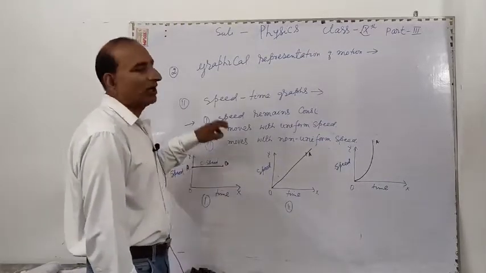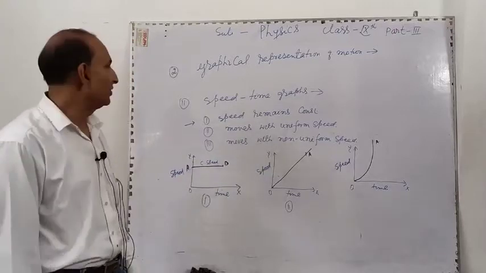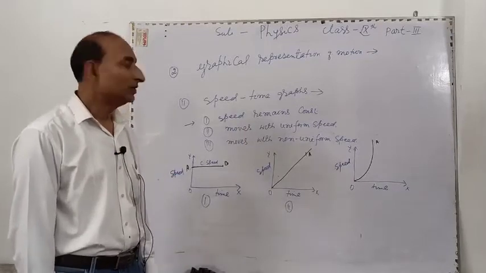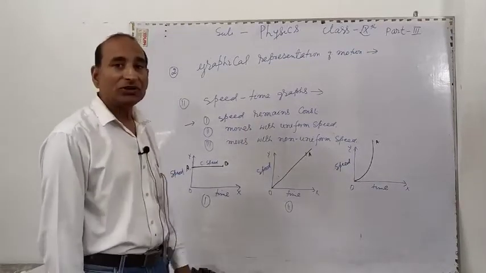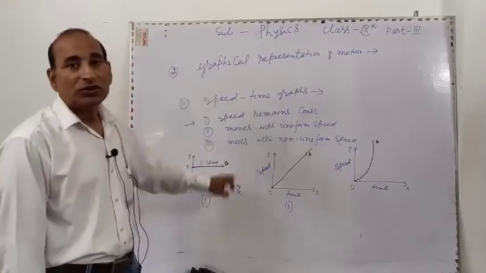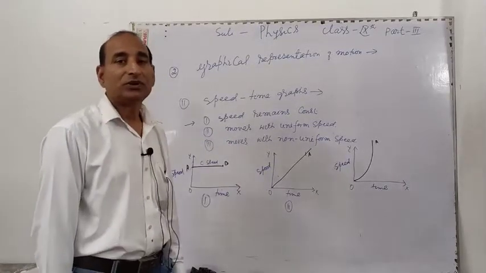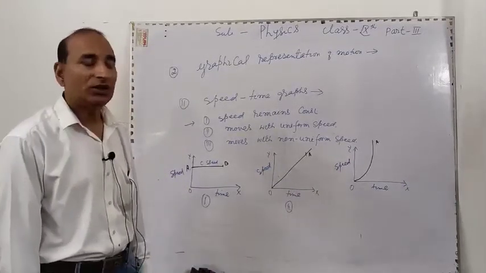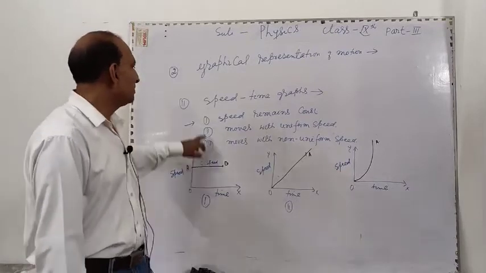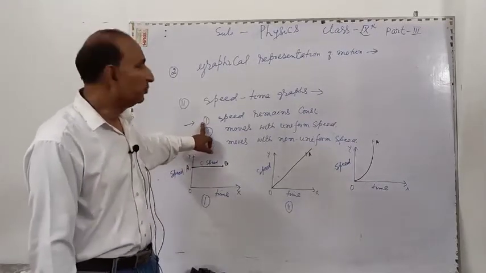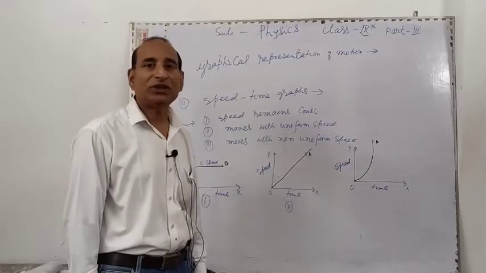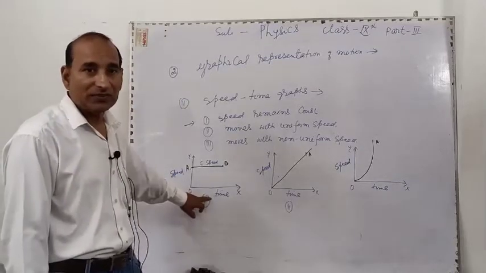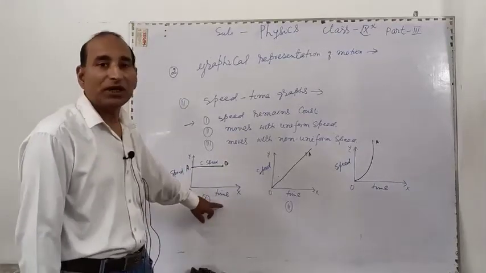Second, speed time graphs. There are three types of speed time graphs. That is, when the speed of a body remains constant, second, it moves with uniform speed, and third, it moves with non-uniform speed. First, if an object moves and its velocity remains constant, then the graph between speed and time is parallel to the time axis.